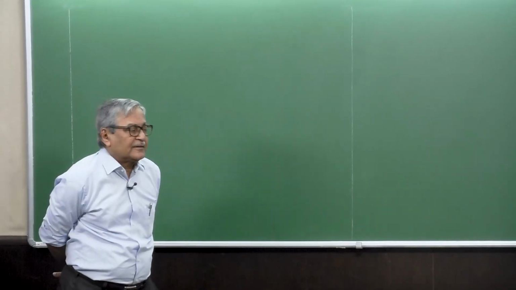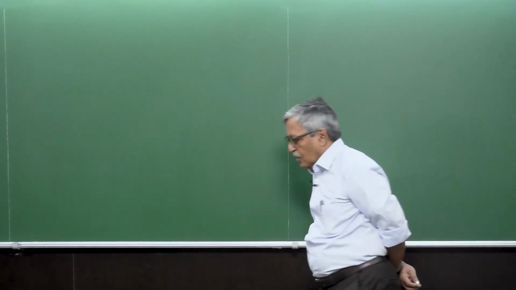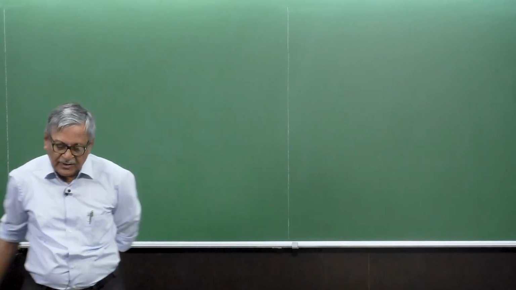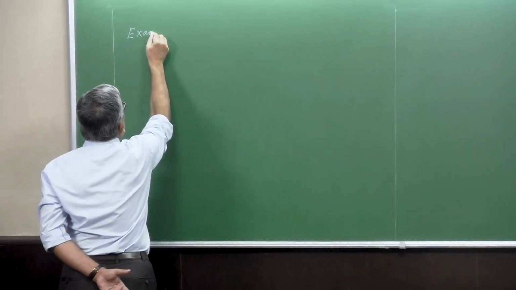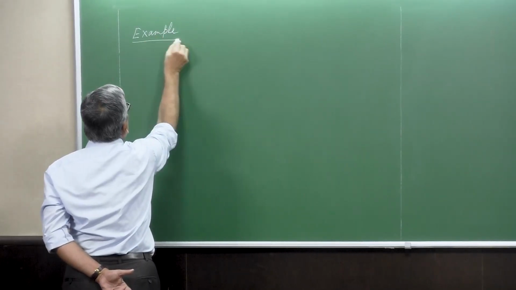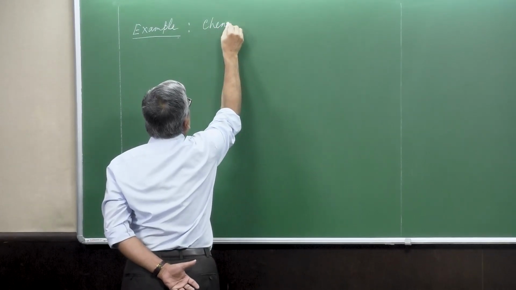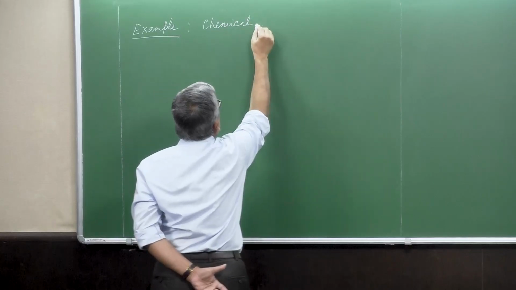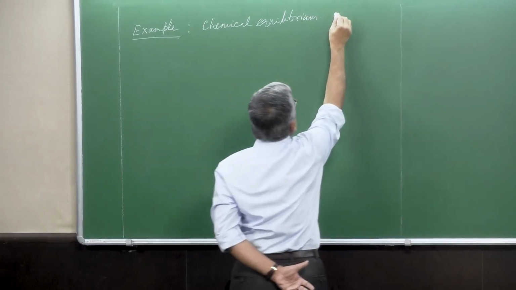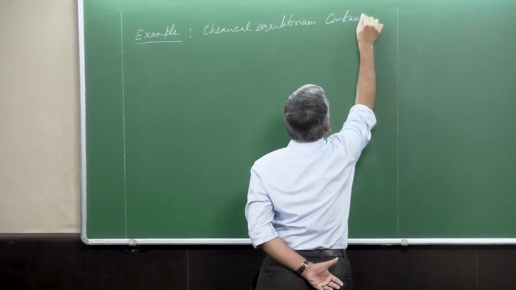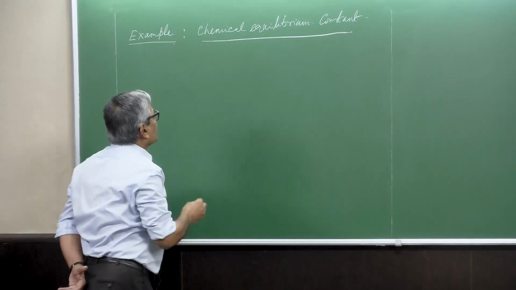What I will try to do here is work out an explicit example of a gaseous reaction: an example of a chemical equilibrium constant of a gas reaction, of a reaction between gases.